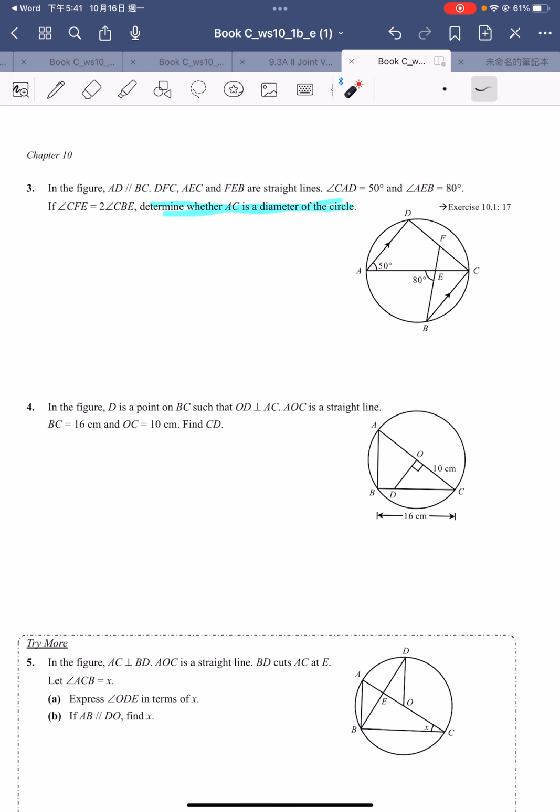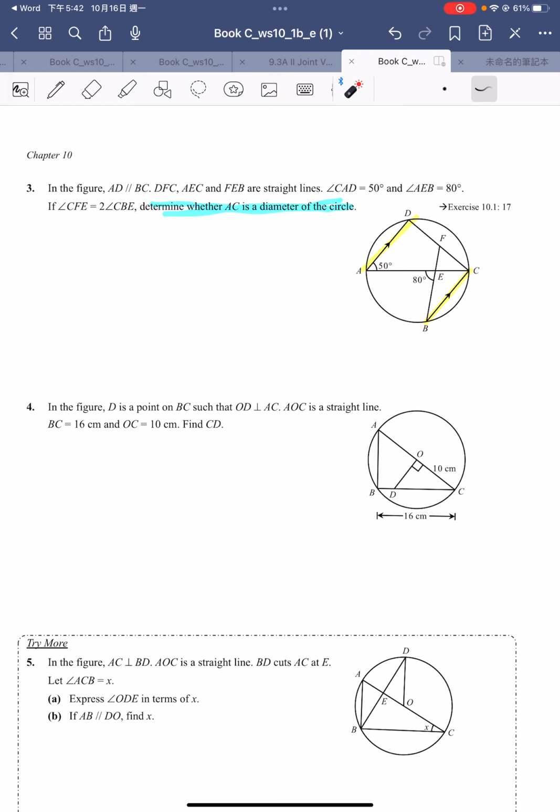So first of all, in the figure, we have that AD is parallel to BC. AD parallel to BC. So we have DFC, AEC, FEB are the straight lines. So AC and these two lines, these four lines are the straight lines.